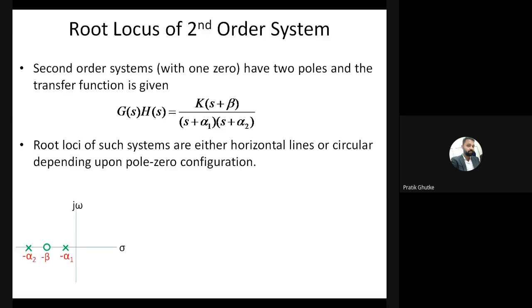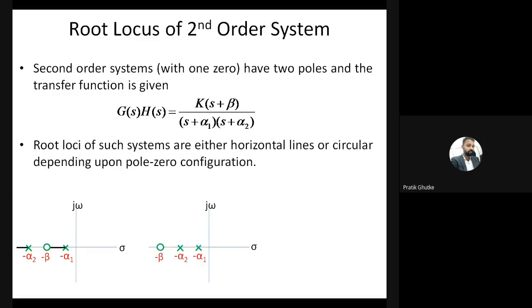So how the root locus will look like? See, this is a pole zero mapping. Minus alpha 1 and minus alpha 2 are your poles and minus beta is your zero. So in this case, how your root locus will look like? My breakaway point will be existing between minus alpha 1 and then minus alpha 2.